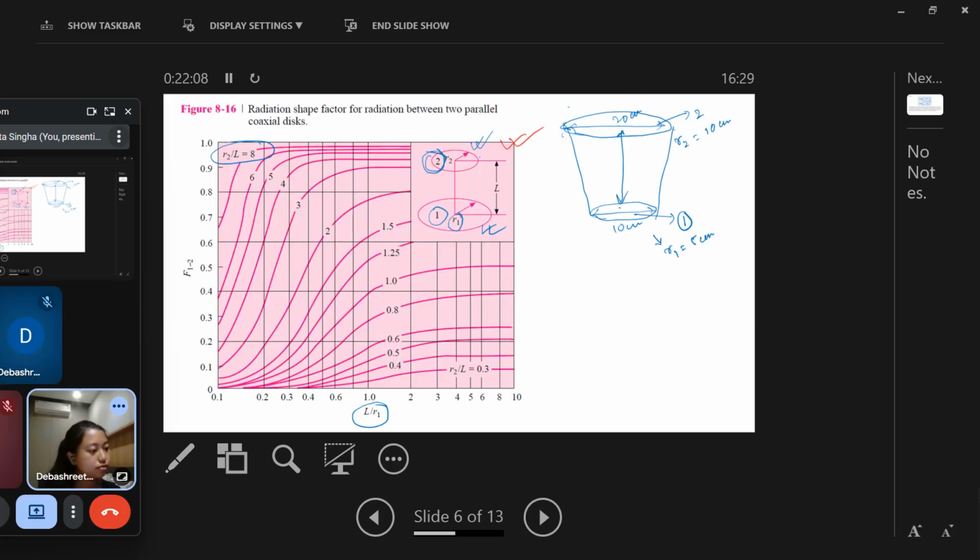So R2 by L, R2 is 10 and L is 20, so it's 0.5. And L by R1, not R1 by L, L is 20 and R1 is 5, so this is 4.